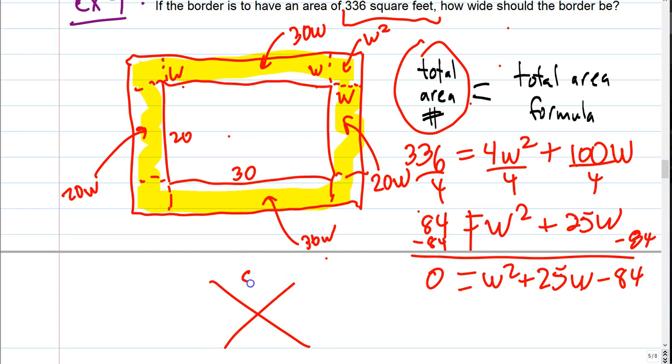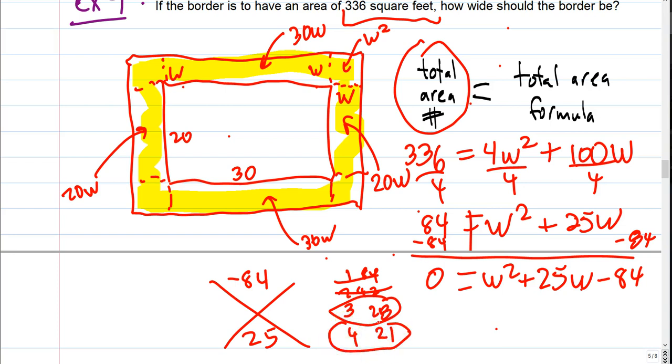What multiplies to make 84 and combines to make 25? And the 84 is negative, right? Well, 84 is 1 and 84. Nope. 2 and 42. 3 and 28. There's a 25. 4 and 21. There's a 25. Which one does it have to be? Well, I need them to be opposite signs.